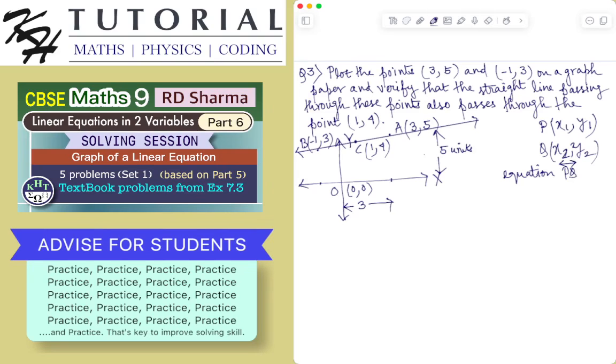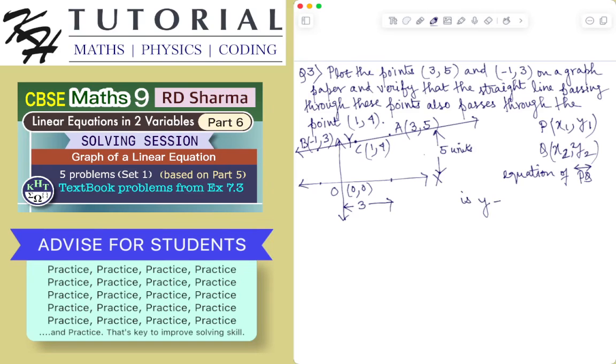The equation of the line PQ will be y minus, you consider any ordinate of the 2 points, either the ordinate of the point P or the ordinate of the point Q. Anyone will be fine.